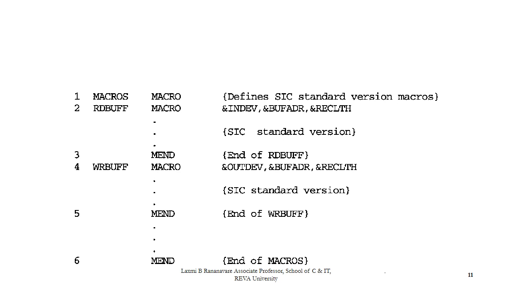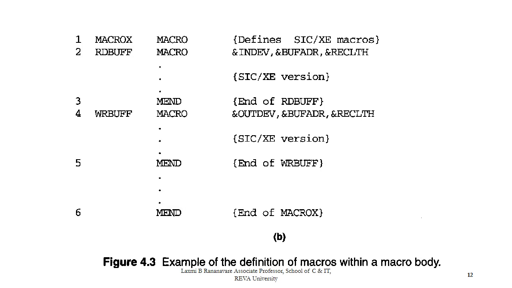Similarly, we have three more dots after this line number 5, which indicates that this macro S will have some more instructions not corresponding particularly to read F or write F. It has some additional instructions in this macro S. So we can define a macro for the SIC version, as well as a macro for the SIC/XE version.